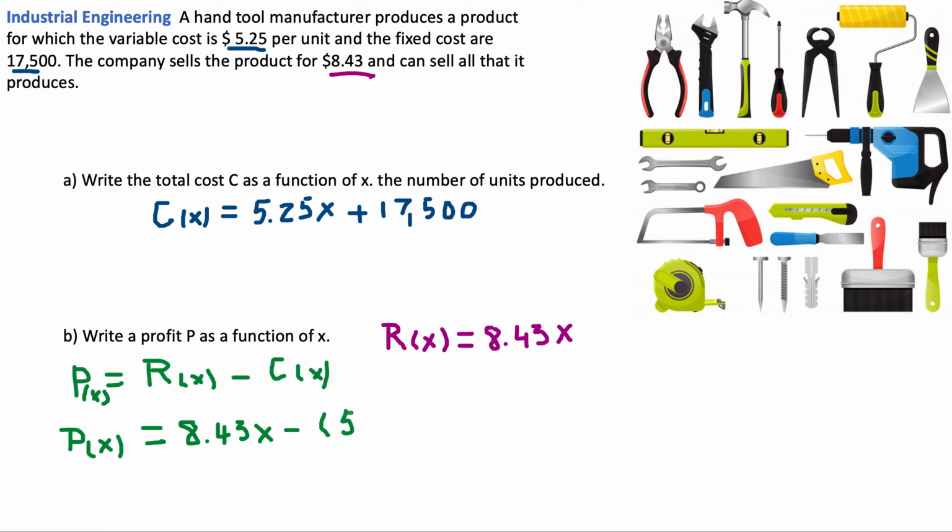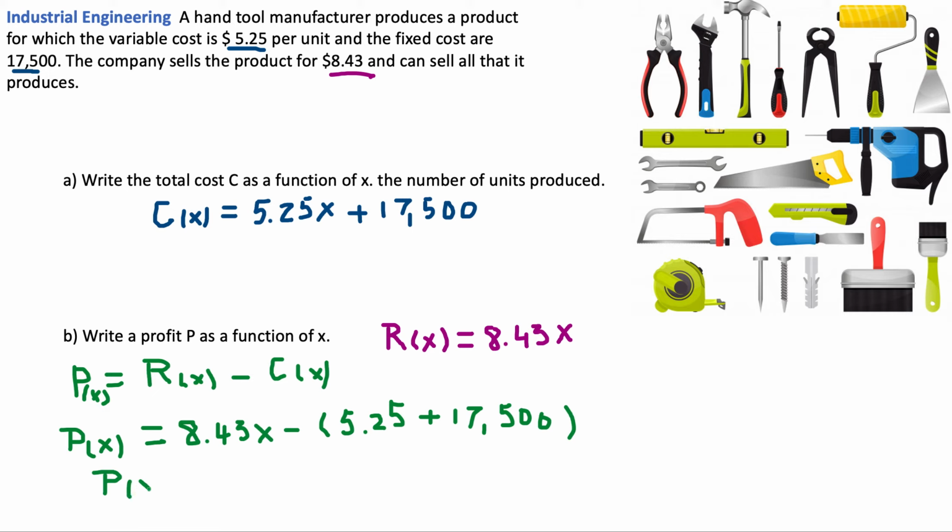The cost is 5.25x plus 17,500. So now we just calculate everything inside, and we find the final answer for the profit in terms of the function X.